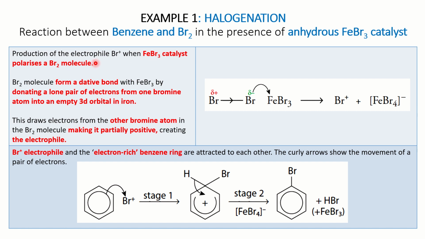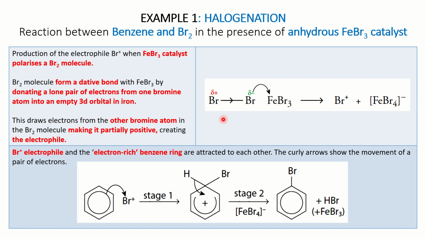Remember, Br2 is a non-polar molecule. It shouldn't have this delta plus and delta minus at first, but when it is close to FeBr3, it gets polarized. That's why now it has delta minus and delta plus charges.